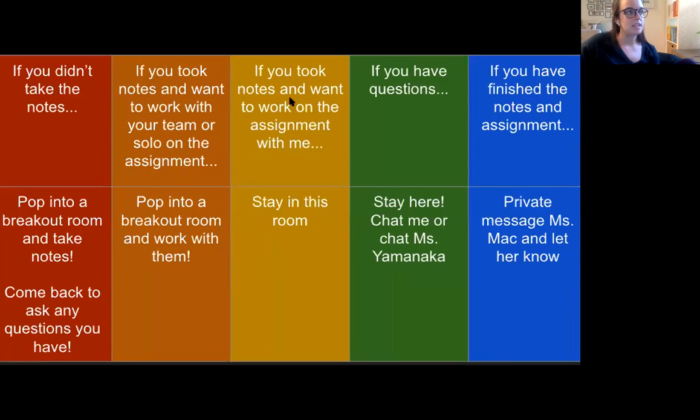If you want to stay here and ask a question or work on the assignment with me, you can stay in this room and we'll work on the questions that you want to go over. And if you finish the assignments, just let me know right now and I will send you on your way. I will ask one thing, which is that you don't sign off without checking in with me real fast. So if you are going to sign off, just let me know and we'll make it work.